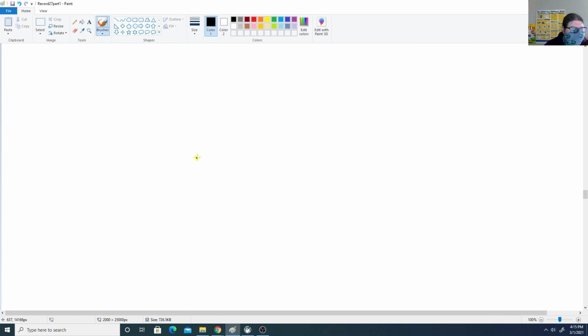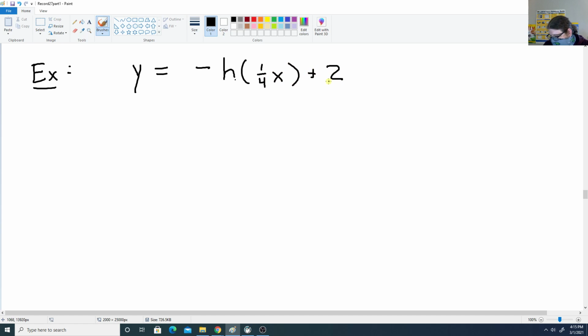Last example we need to do here is, we'll say, consider the transformation y equals -h of (1/4 x) plus 2. And so we got all this right here.